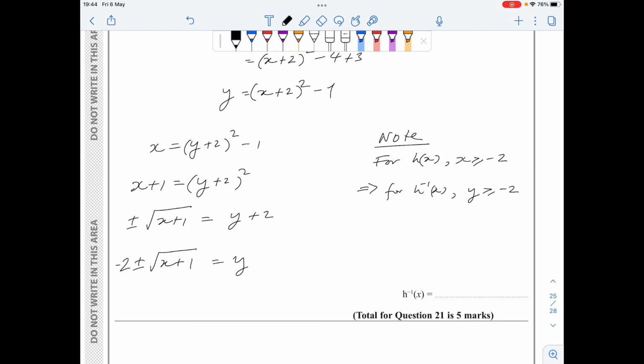And if I want the y value bigger than or equal to minus 2, it means that if I start with minus 2 here, I'm going to need the positive value to get something bigger than minus 2. So my inverse function will be minus 2 plus the square root of x plus 1.